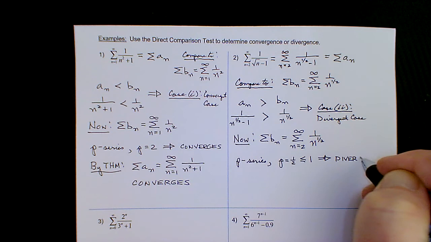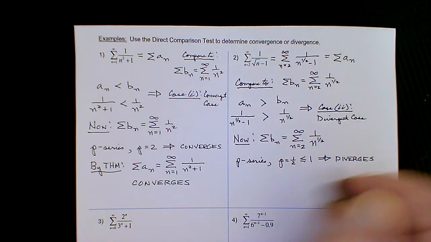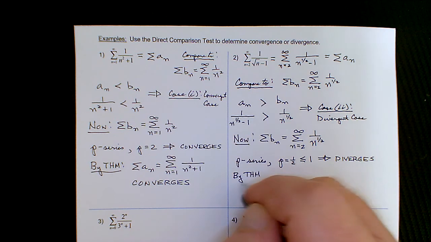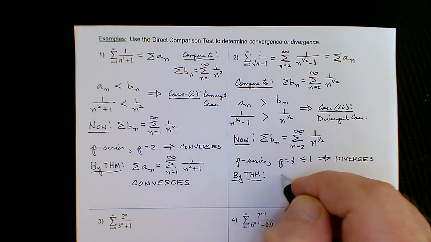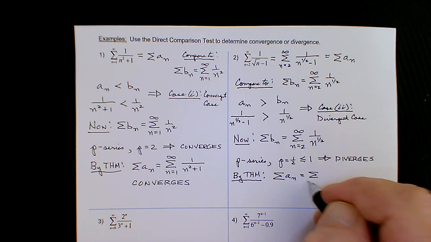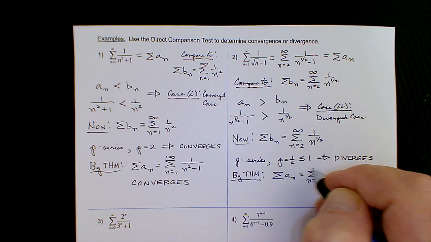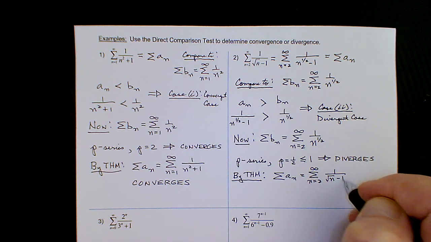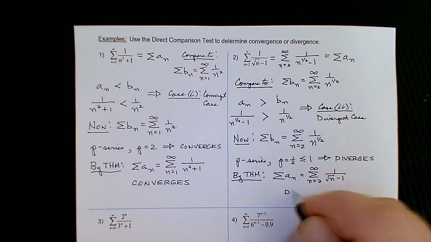Okay, but that's not enough. We're pretty much done, but this might seem trivial, but it's not. You have to say by the theorem that the original series, the sum of the a sub n, which was the sum as n goes from 2 to infinity of 1 over the square root of n minus 1, also diverges.